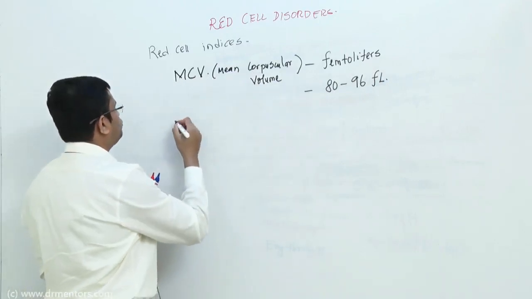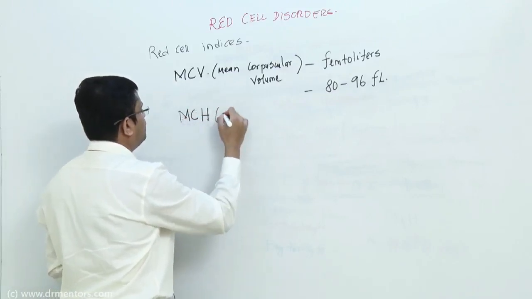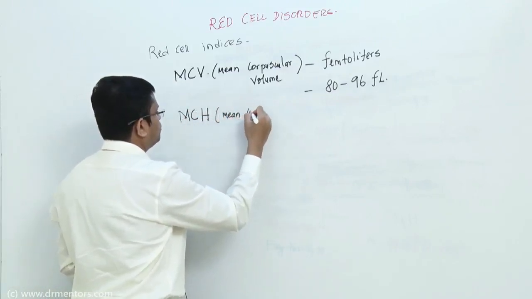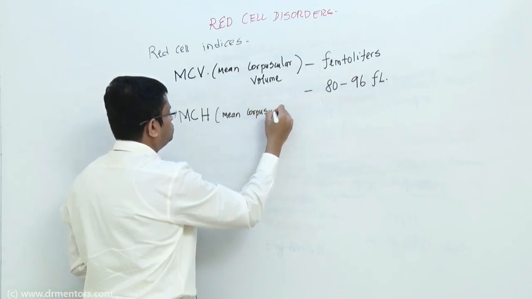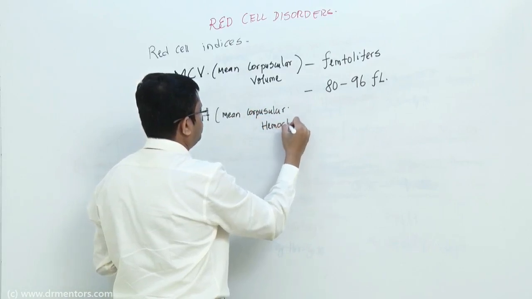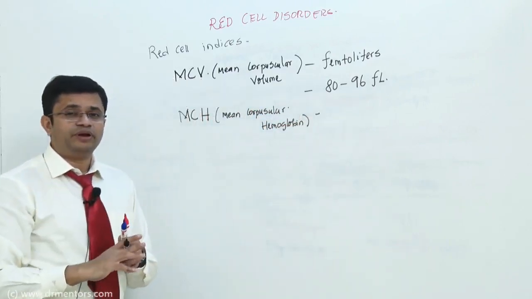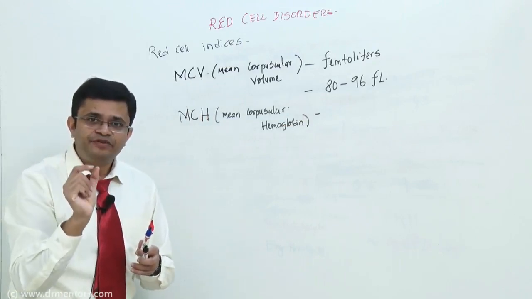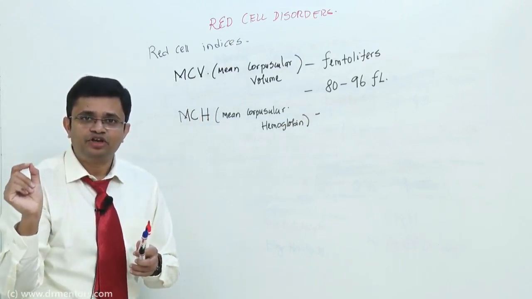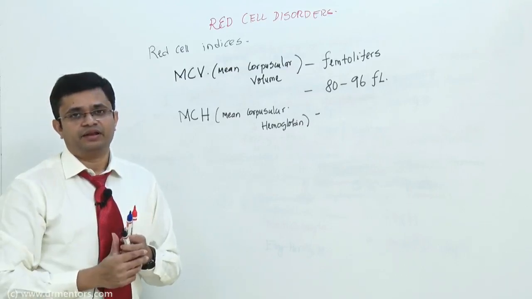Now the next one, mean corpuscular hemoglobin. What is it? It means the average content of hemoglobin in a given red cell.